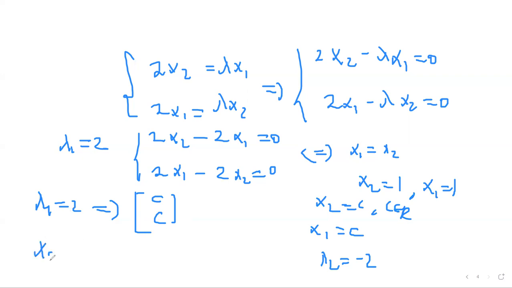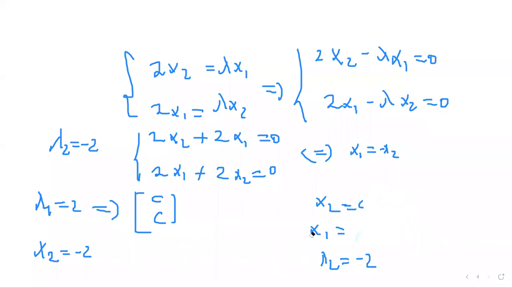Now let's put lambda 2 equals minus 2. Hopefully we are going to get the same thing here. So if we take lambda 2 equals negative 2, we are going to get 2x2 plus 2x1 equals 0, and 2x1 plus 2x2 equals 0. So from here, we are going to get x1 equals negative x2. The same approach will take us to another set of infinitely many vectors.